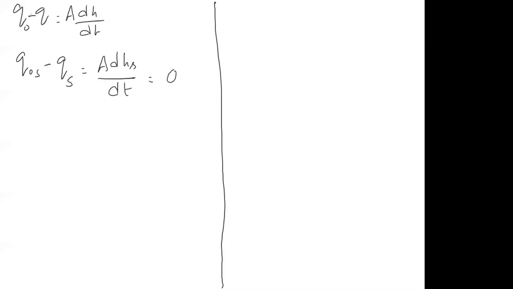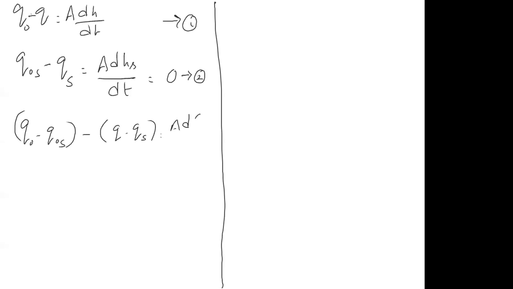Now what I will do is, let's say this is 1, this is 2. So I'll do 1 minus 2. Then Q naught minus Q naught S, minus Q minus Q S, equals A into d of H minus Hs divided by dt. This Q naught minus Q naught S, I'll call capital Q naught.